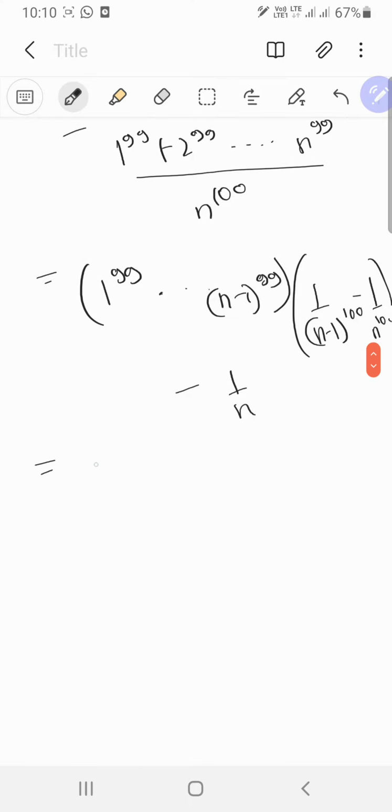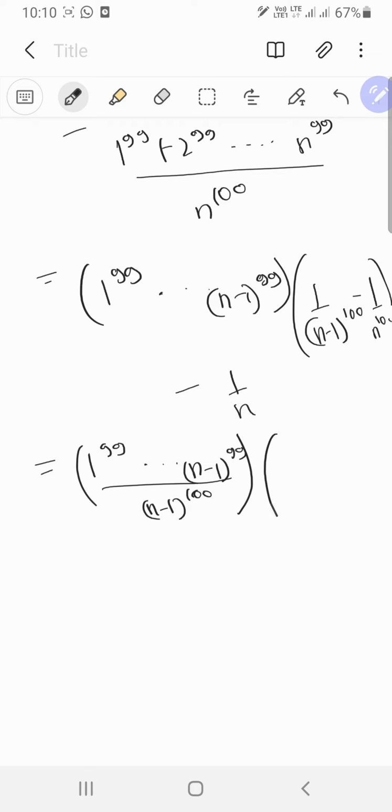So this is going to be 1 power 99 to n minus 1 power 99 upon n minus 1 to the power of 100. And over here you will have n power 100 minus n minus 1 power 100 upon n power 100, which is much better written as 1 minus n minus 1 power 100 upon n power 100, and minus 1 upon n.